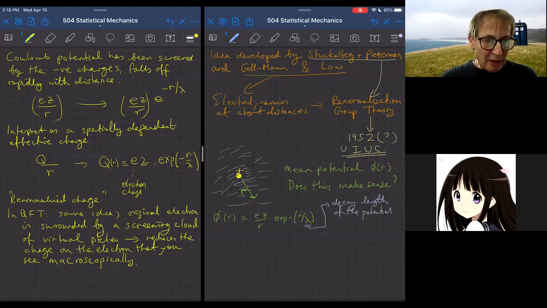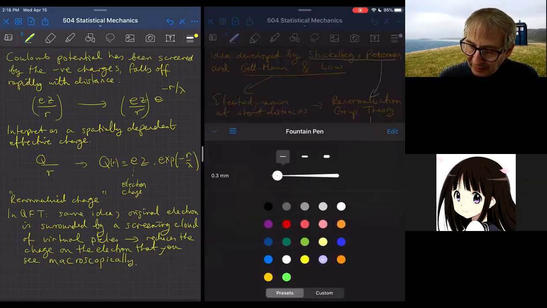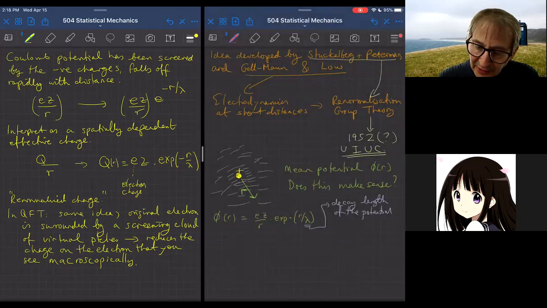If I were to draw some scale on this picture, I think it would look something like this. So basically, this is decaying over a scale lambda.